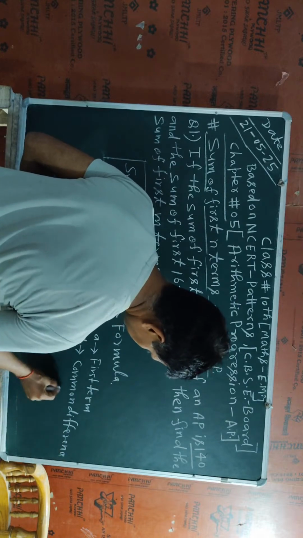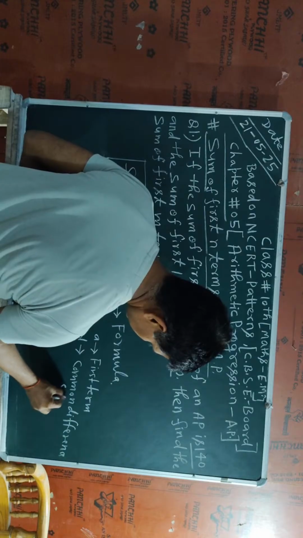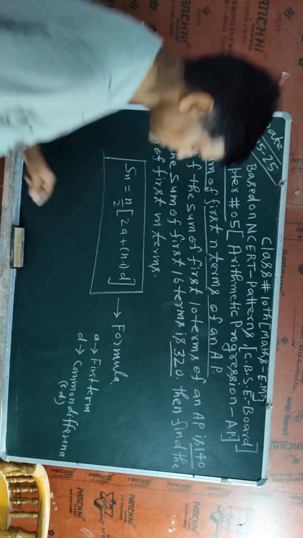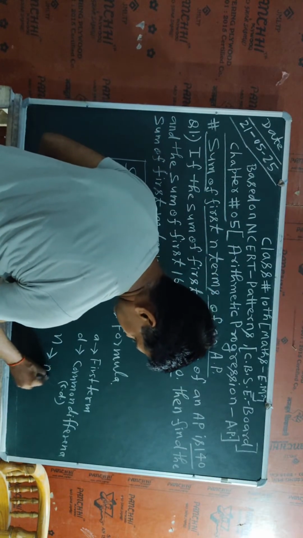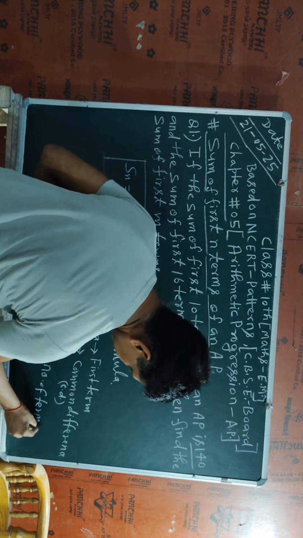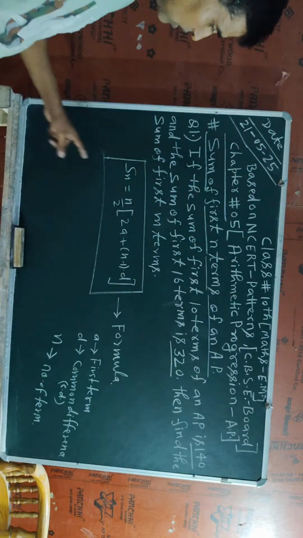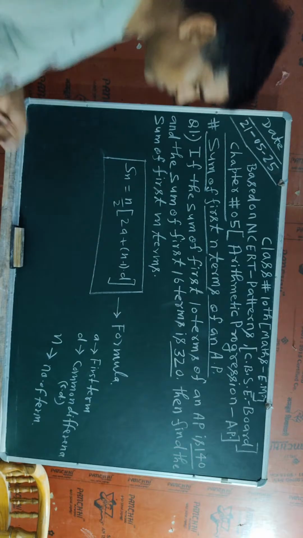It is also written in shortcut form as d. Okay, student, and n is the number of terms. And Sn is the sum of first n terms of an AP series.